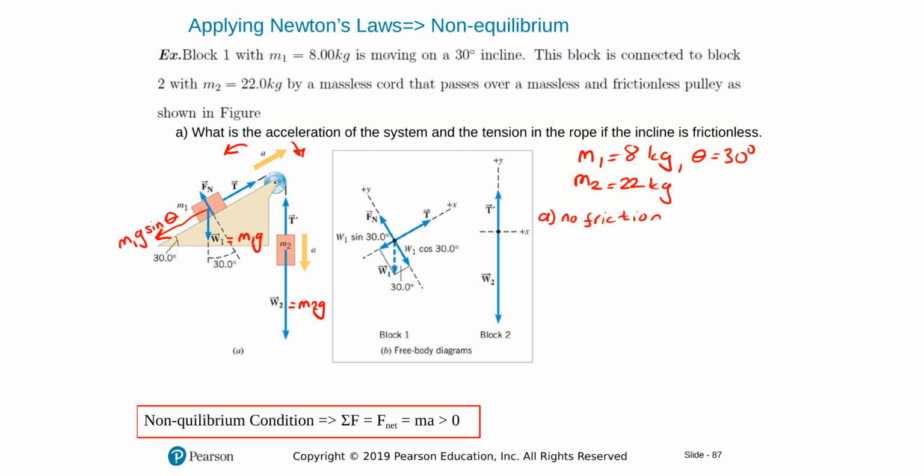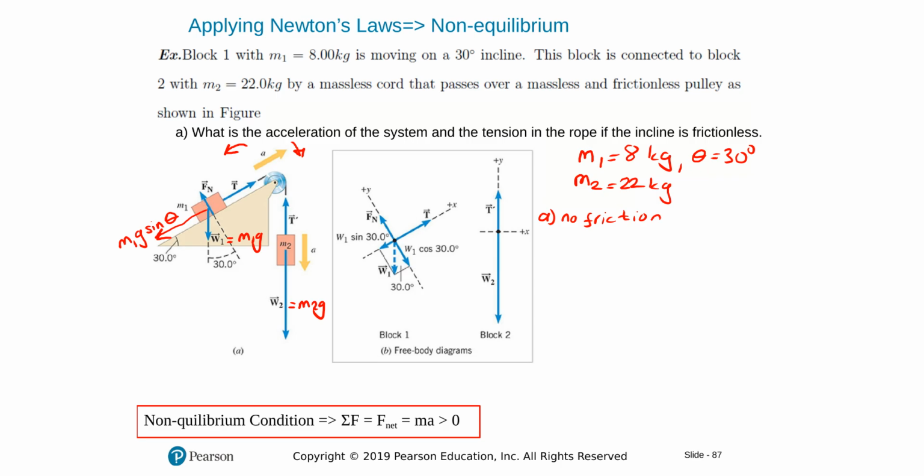So M1G sine theta pulls in this direction and tries to move the system to the left. So this guy will be going up and down on the incline. That will be a positive direction if M1G sine theta wins. If M2G wins, M2G tries to rotate the system in this direction, then M1 will be going up the incline and M2 will be going down.